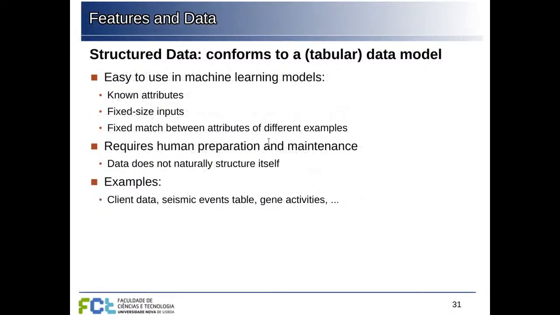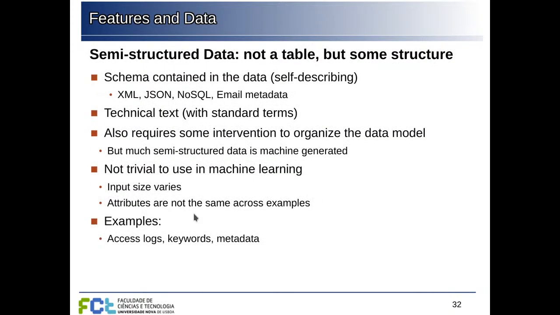So this is basically the advantage, that it's easy to use, but the disadvantage is that the data does not structure itself spontaneously. Humans must constantly intervene to keep data structured. Then we have data sets that have a mixture of structured and unstructured data, or semi-structured data.